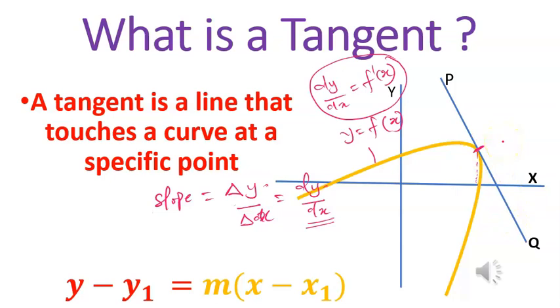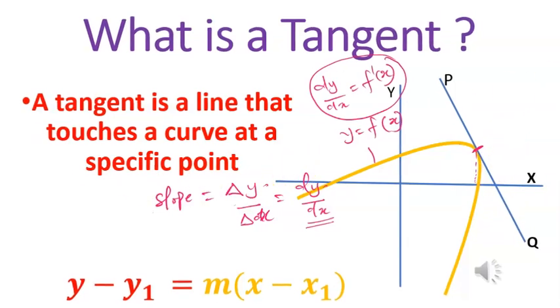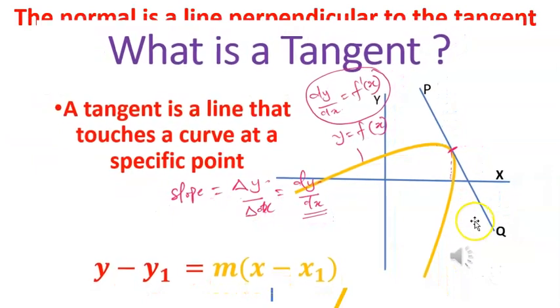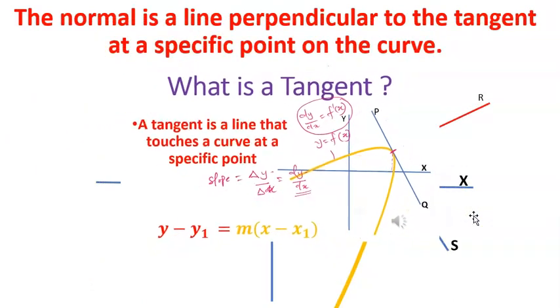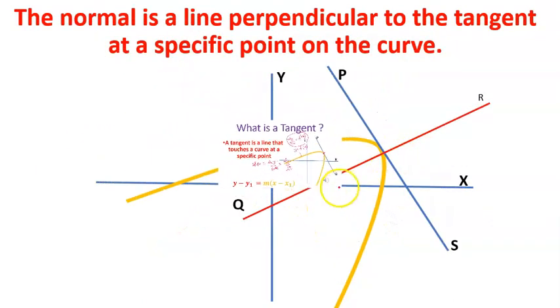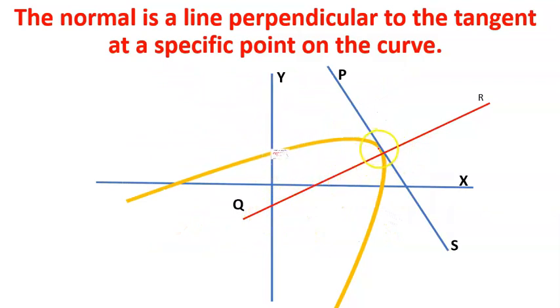Now, let's understand what the normal is to the curve. The normal is the perpendicular line to the tangent. Line QR, if you look at it carefully, is perpendicular to line PS. And line QR is the normal to this tangent.